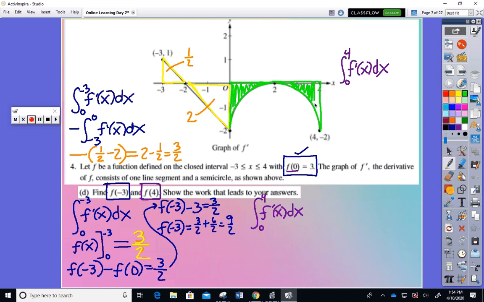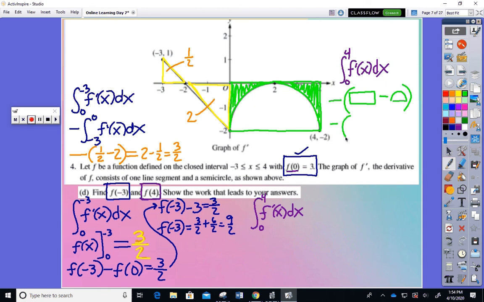Now, one thing I know is the area is contained below the x-axis, so it has to be a negative area. All right? The next thing I know is that the easiest way I think to find that shaded area is to find the area of that whole rectangle and subtract out the area of the semicircle. But remember, once I do that, I have to remember that the area is negative below the x-axis.